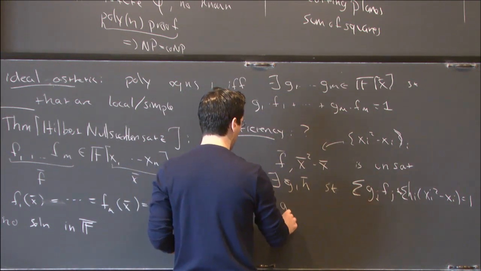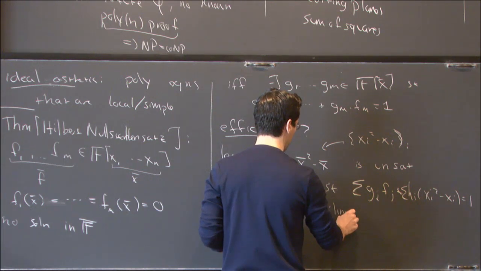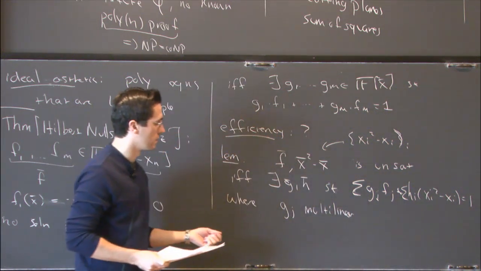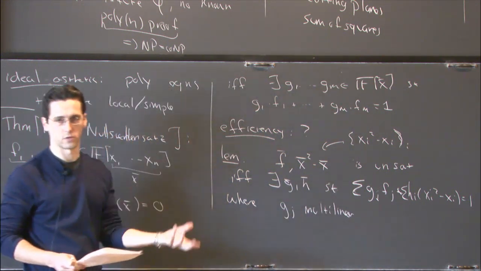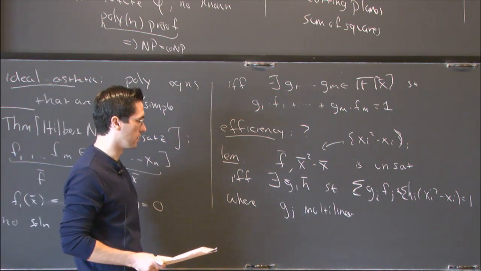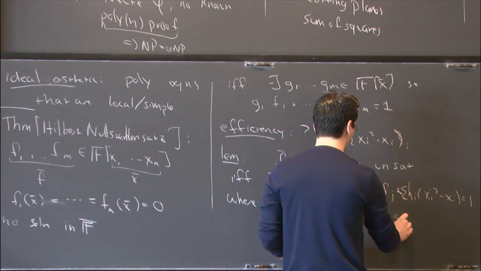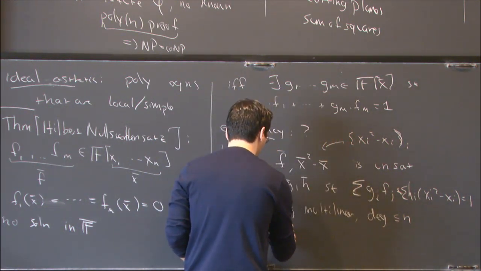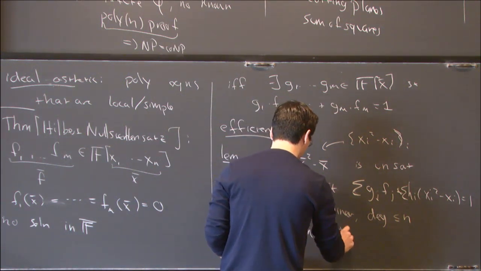So the Gj's are necessarily multilinear, so that if you look at each variable xi in this polynomial Gj, it doesn't appear with a quadratic term. It just has individual degree at most 1. So in particular, the degree here is at most n. And the degree of the Hi's is at most order n.